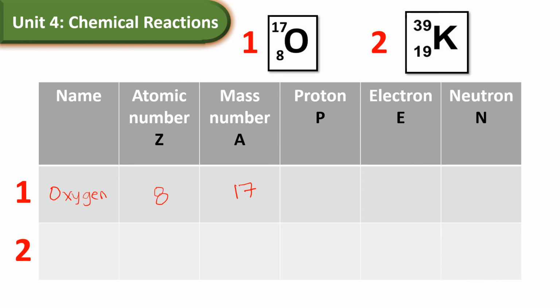Again, you always look at the atomic number, which is 8. If I have 8 protons, then I also have 8 electrons. How about the neutron? Again, neutron is mass number, or A, minus number of protons. So if I have 17 here minus 8 protons, then I get 9. So my answer here is 9.